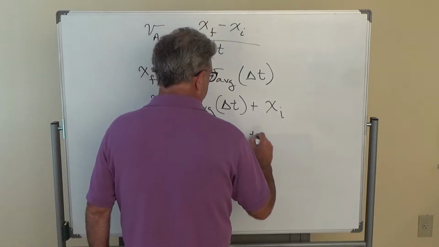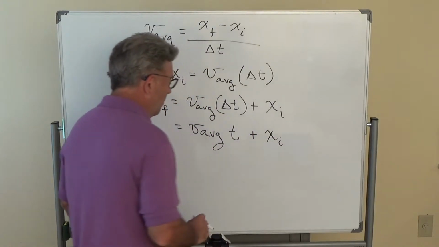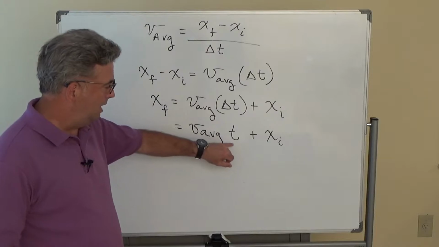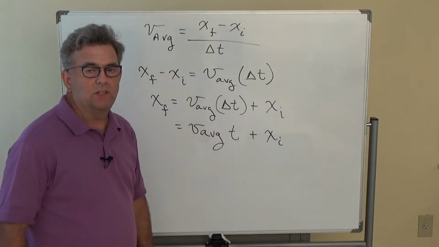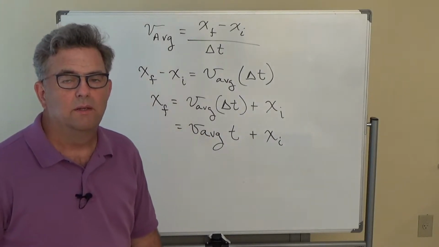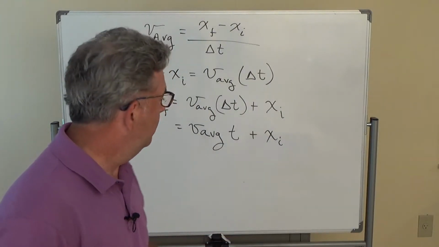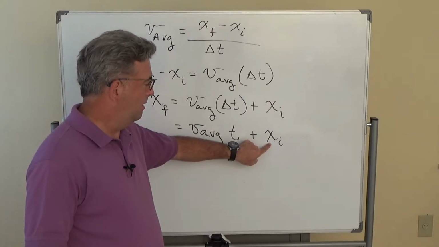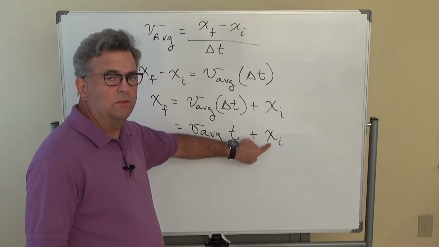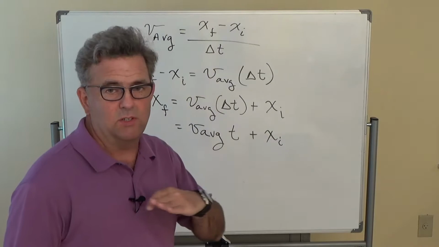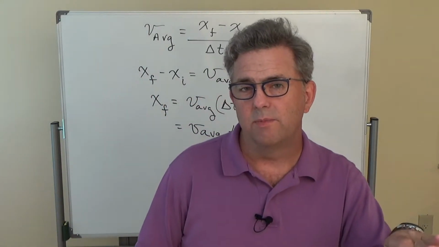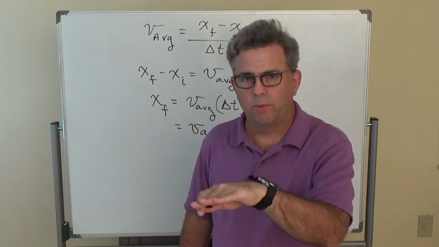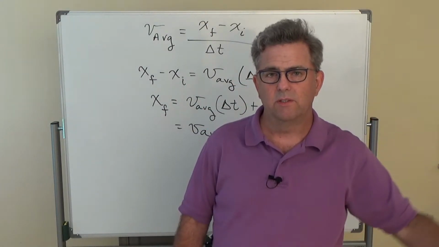Usually you'll see it written like this. We will start our times from 0, so it'll be vt plus x initial. So the average velocity times the time plus your initial position. This is a straightforward rate times time: velocity multiplied by time equals distance.